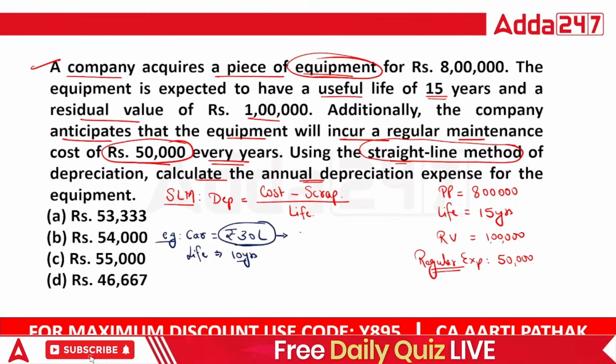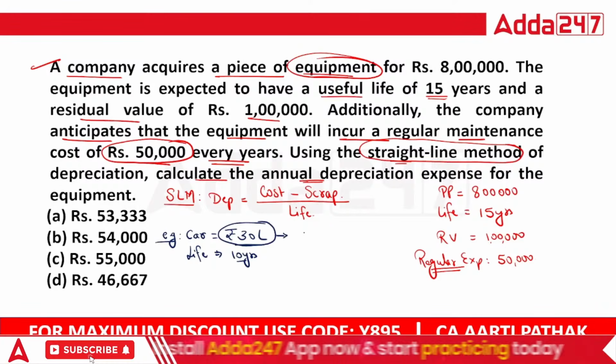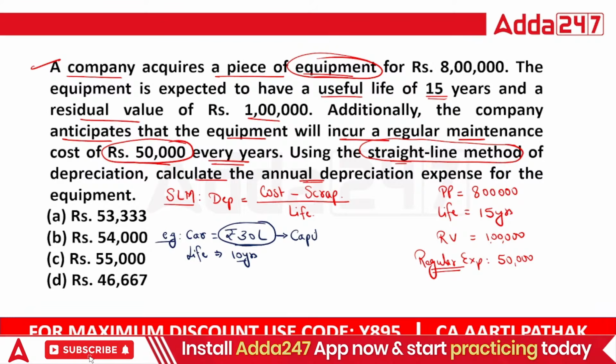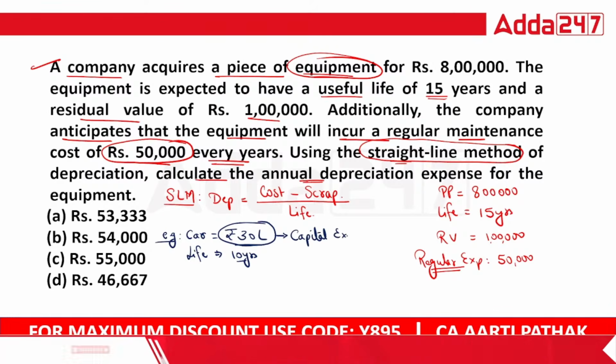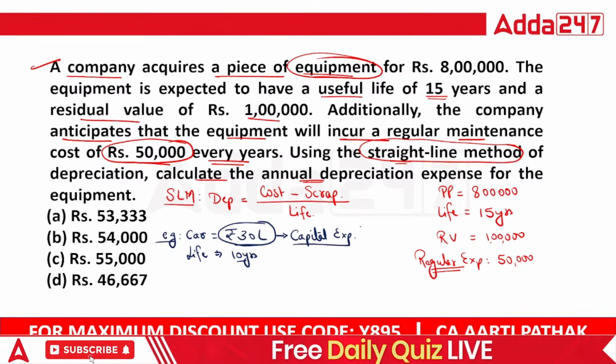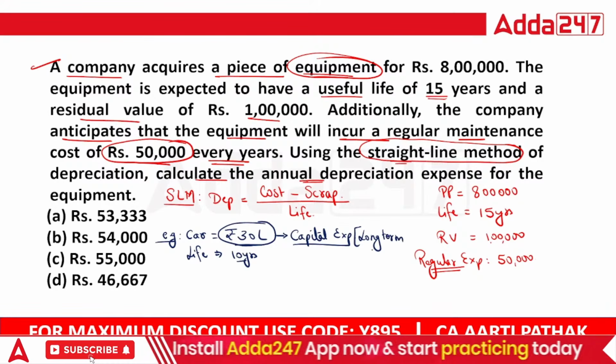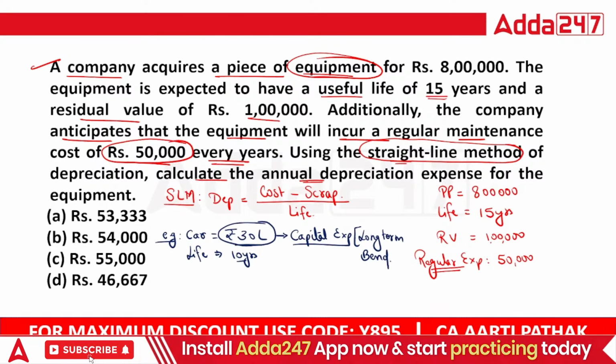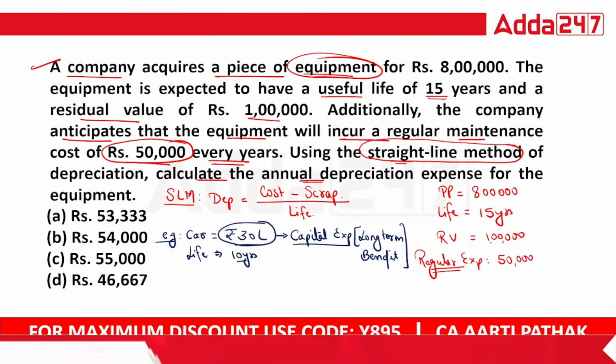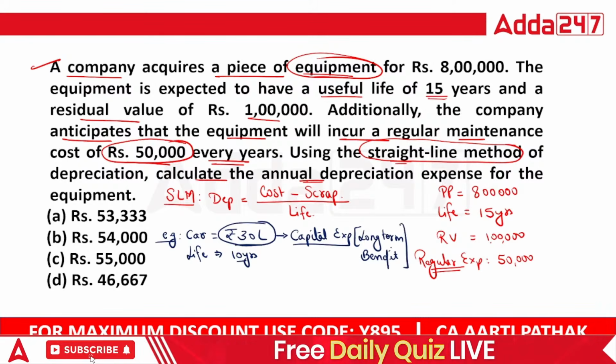So of course this is your which type of expenditure, capital or revenue? This is your capital expenditure. Okay, capital expenditure means you have incurred some long term benefit. Yes, because you are going to use this car for more than 1 year. You will be taking benefit of this car for next 10 years.